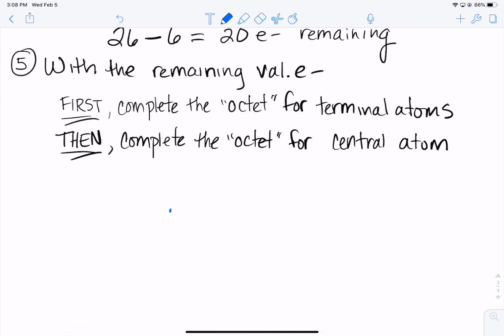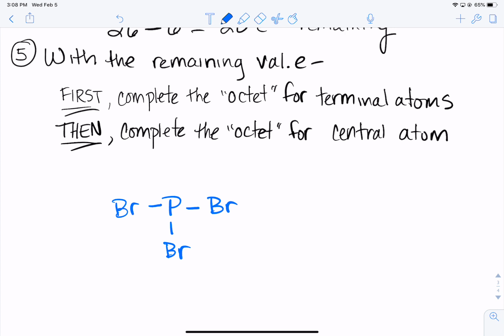We've got our skeletal structure. This P has 2 around it. This Br has 2 around it. They're sharing. Now P has 4 around it, and this bromine has 2, and now P has 6 around it, and this bromine has 2. I have 20 valence electrons left. It tells me first complete the octet for the terminal atoms. So I'm going to take away, let's see, 2, 4, 6, 8, 10, 12.